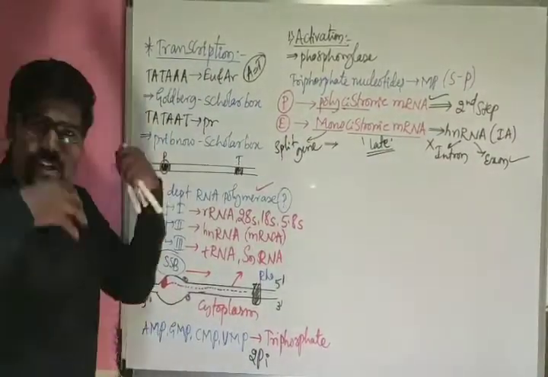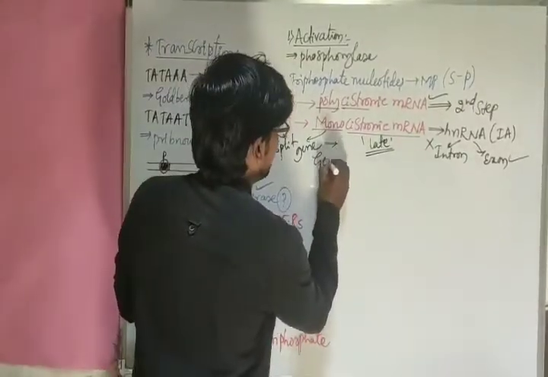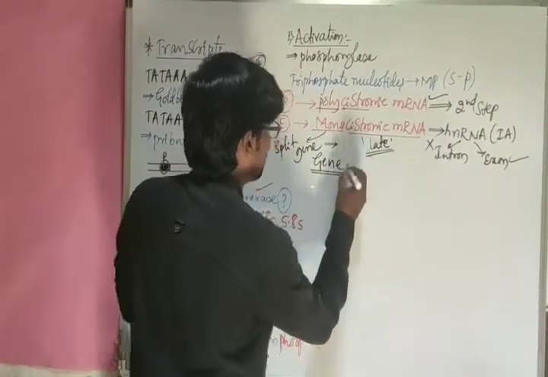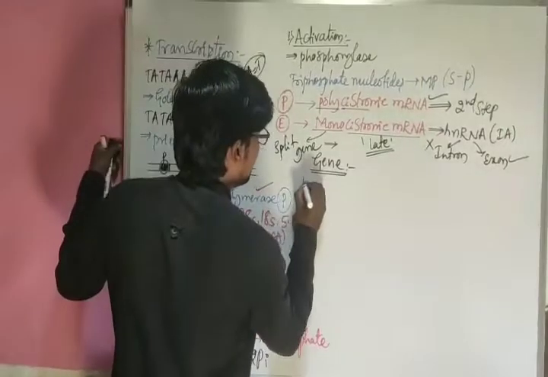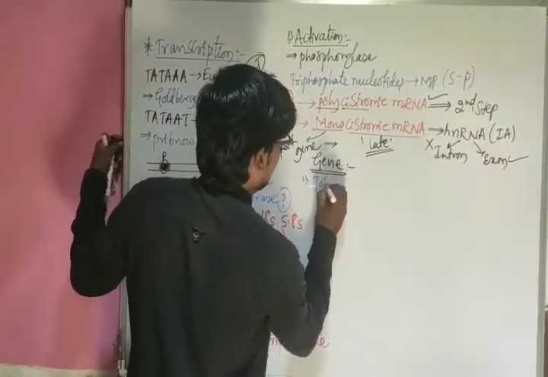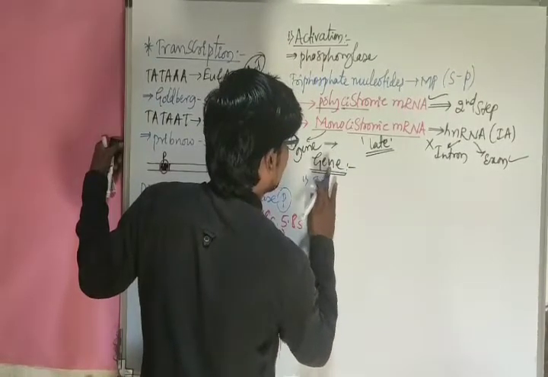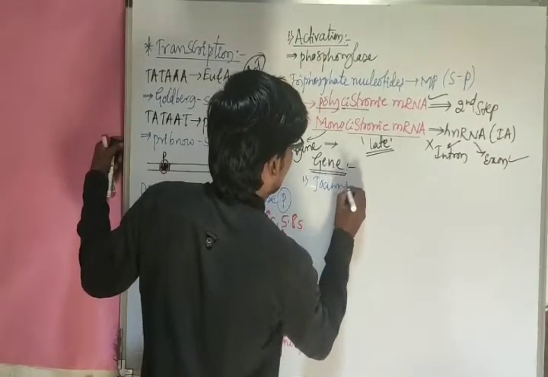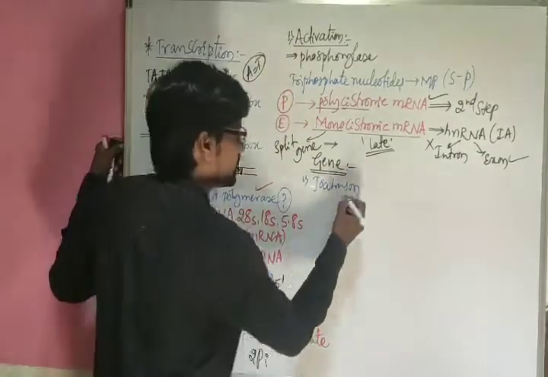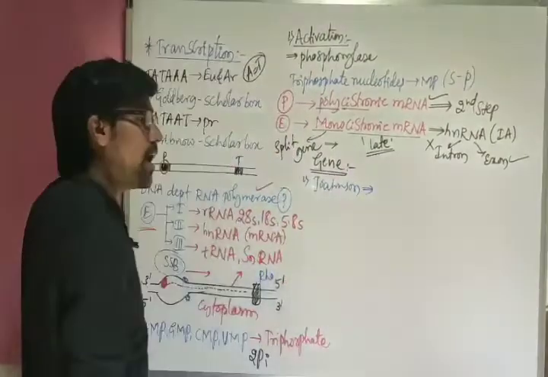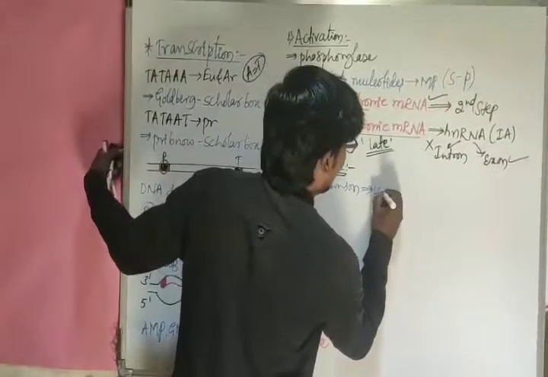But different scientists have defined the gene in different ways. If I consider the first scientist, Johannsen, according to him, gene means the unit of inheritance.